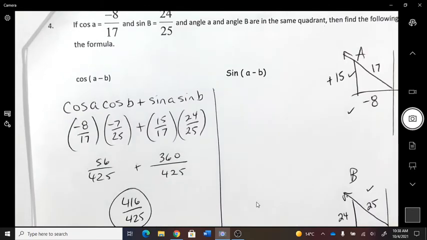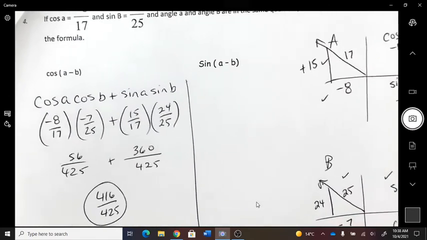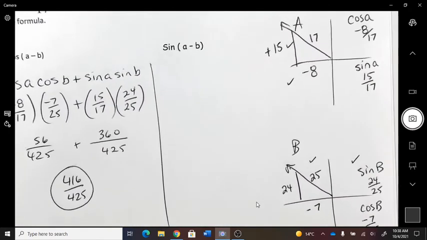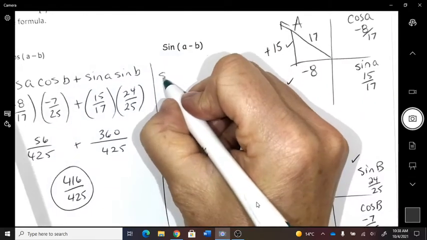Okay, how about I let you do the other one all by yourself? Find the formula, we got all the work done, so just plug it in. I'll do it too, but go for it all on your own here.